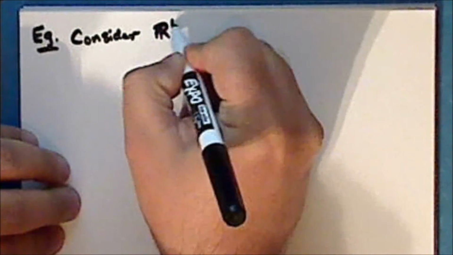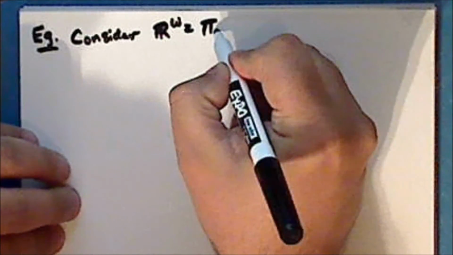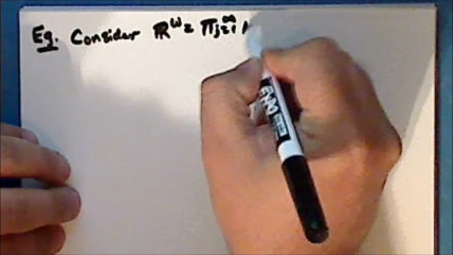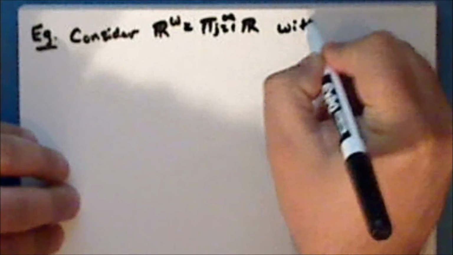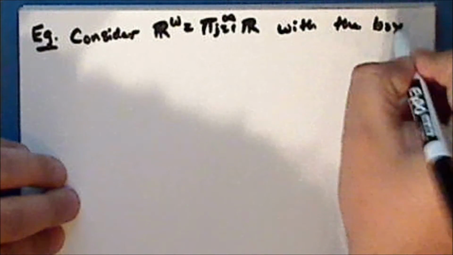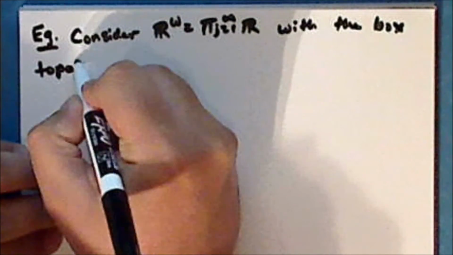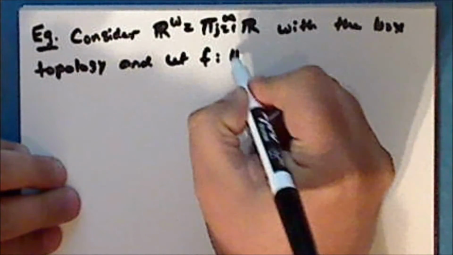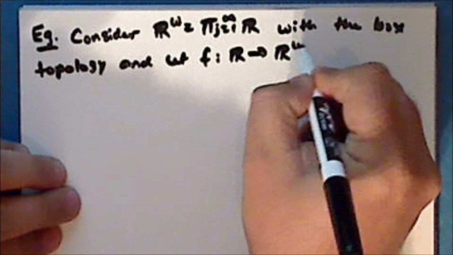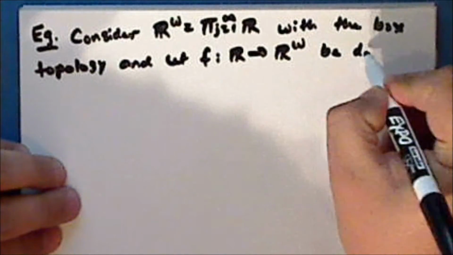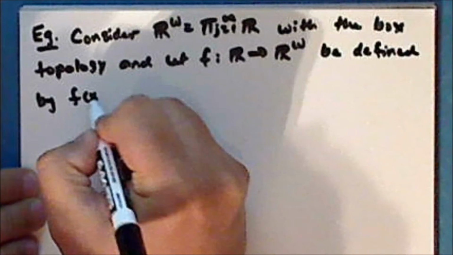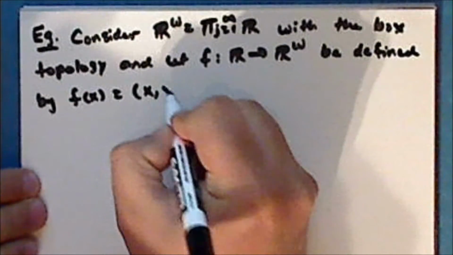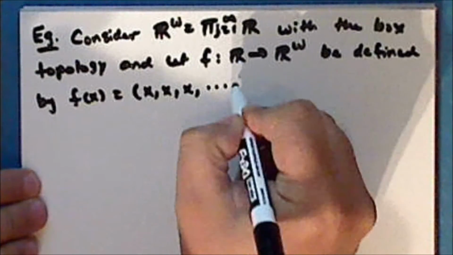So consider R^ω, the countably infinite product of the real line with itself, with the box topology, and let the function f from the real line into R^ω be defined by f of x is the ω-tuple, all of whose coordinates are equal to x.